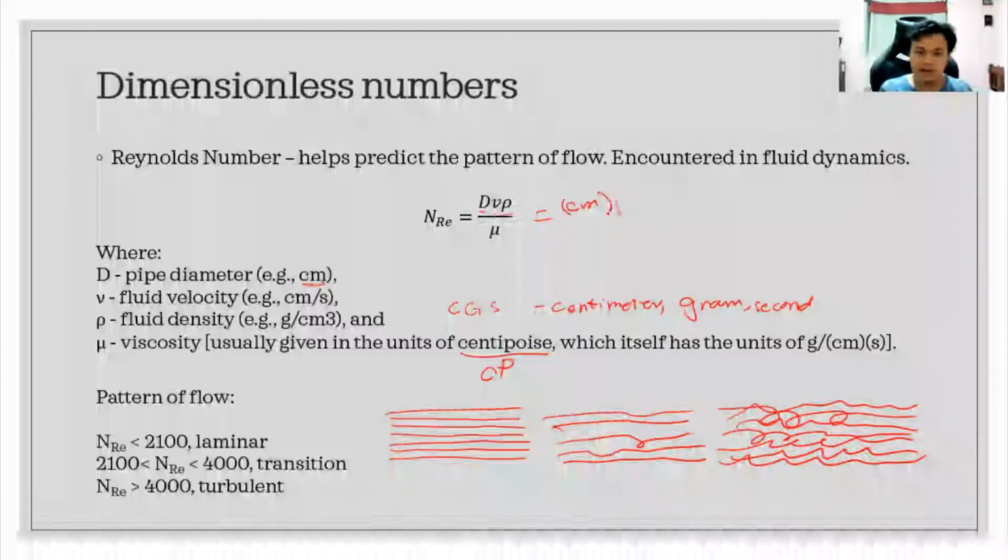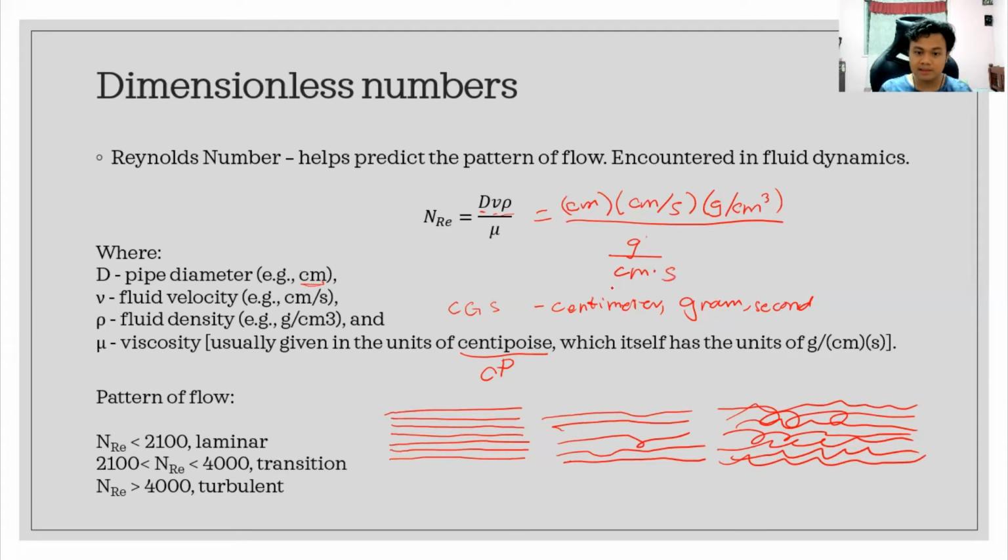And then our fluid velocity is in centimeters per second, and then our density is in grams per cubic centimeter, and our viscosity, in centipoise, is in grams per centimeter-second.